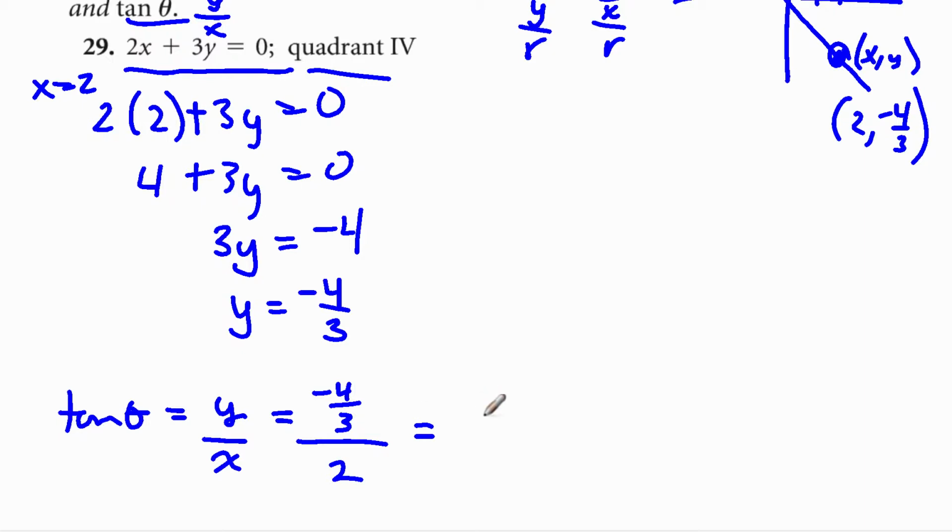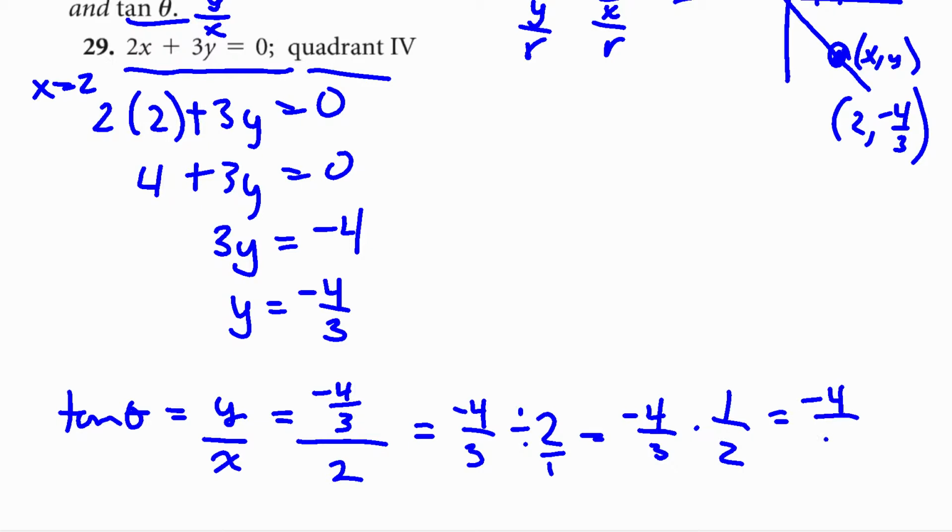So negative 4/3 divided by 2, I can rewrite like this: 2 is the same as 2 over 1. And then this would be negative 4/3 times 1 over 2. And so when I multiply this together, it would be negative 4 over 6. And if I simplify that, it'll be negative 2/3.